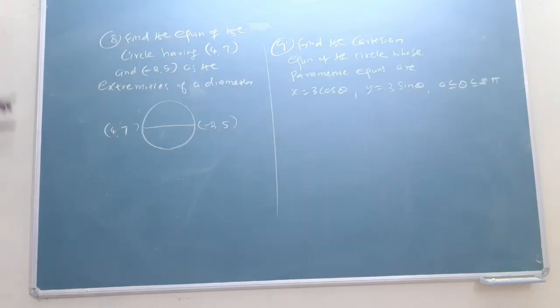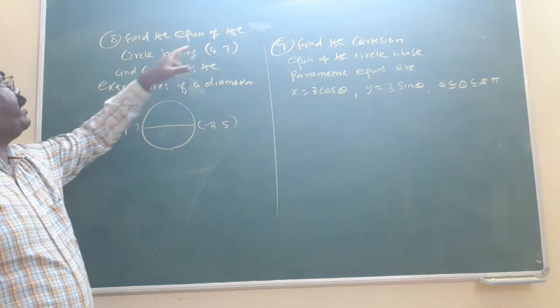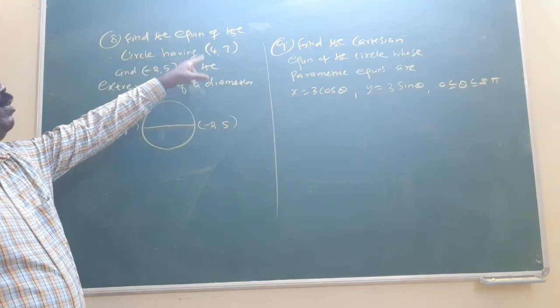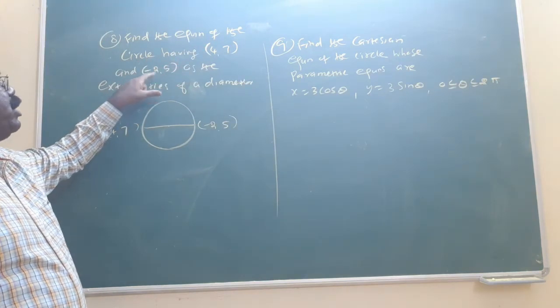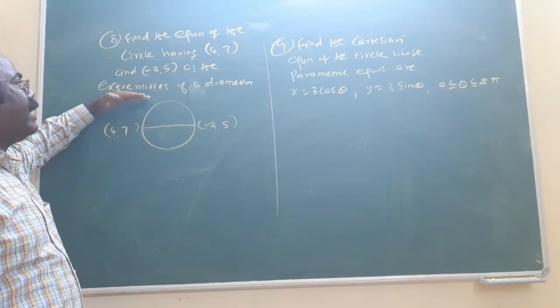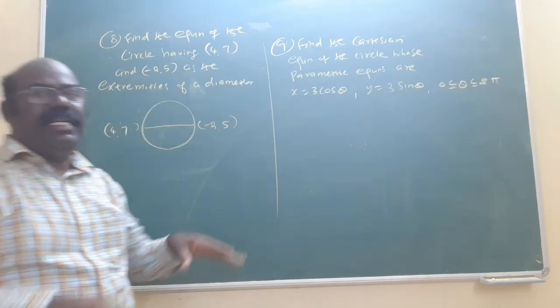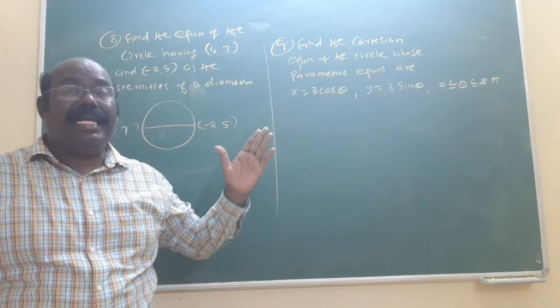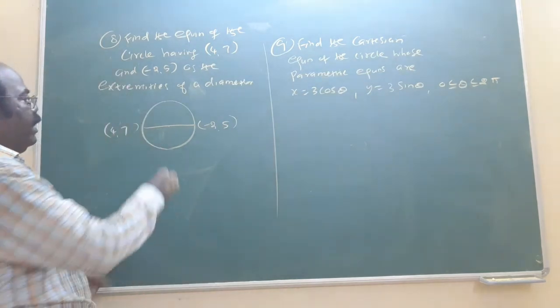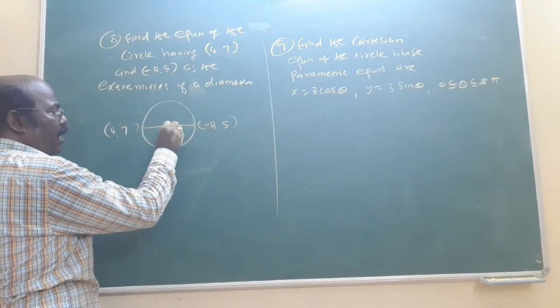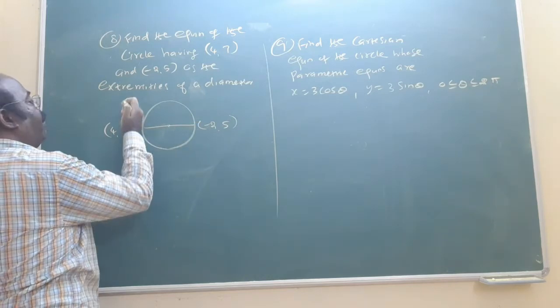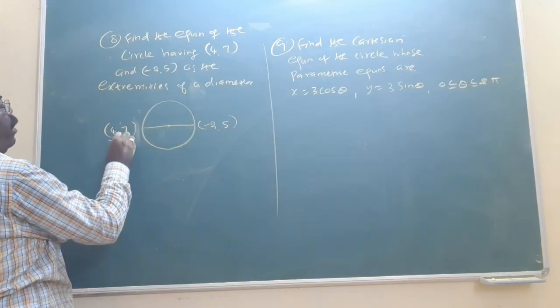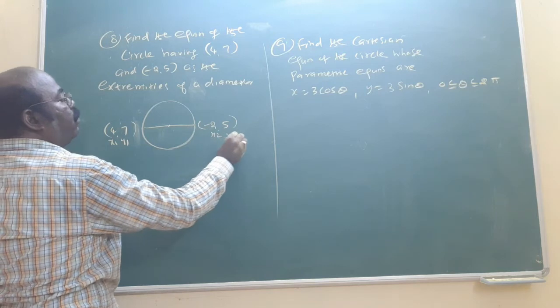Now the 8th question. Find the equation of the circle having 4, 7 and minus 2, 5 as the extremities of a diameter. Extremities mean the ends of the diameter. A line passing through the center is called a diameter, and its ends are given. Let them be x1, y1 and x2, y2.